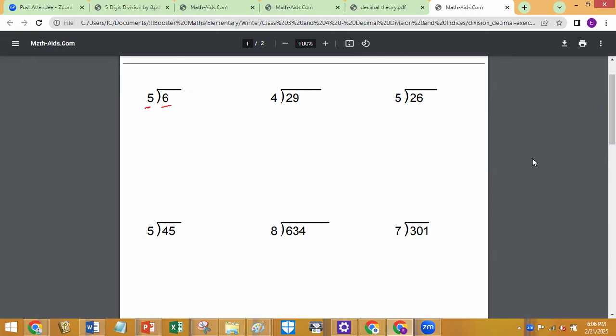We can leave them as such, or we can do a decimal division, and that is what we are trying to do over here. So let's say you have 6 and you are trying to divide it by 5. 5 goes into 6 one time, and after that, it gives a remainder of 1.